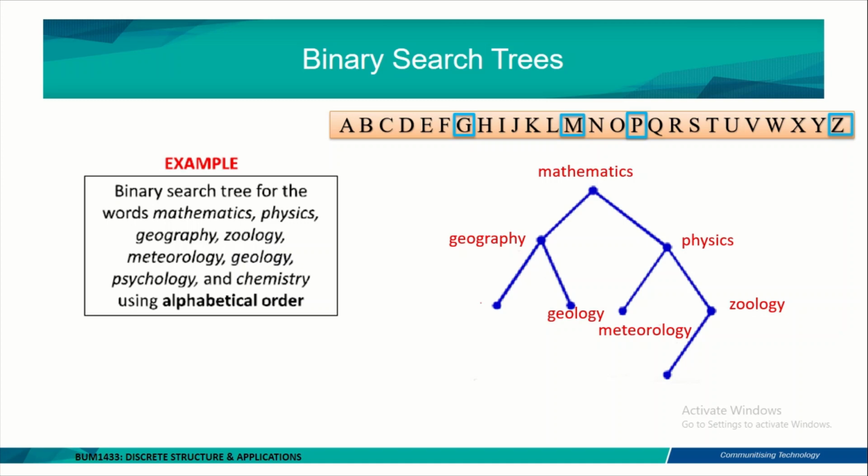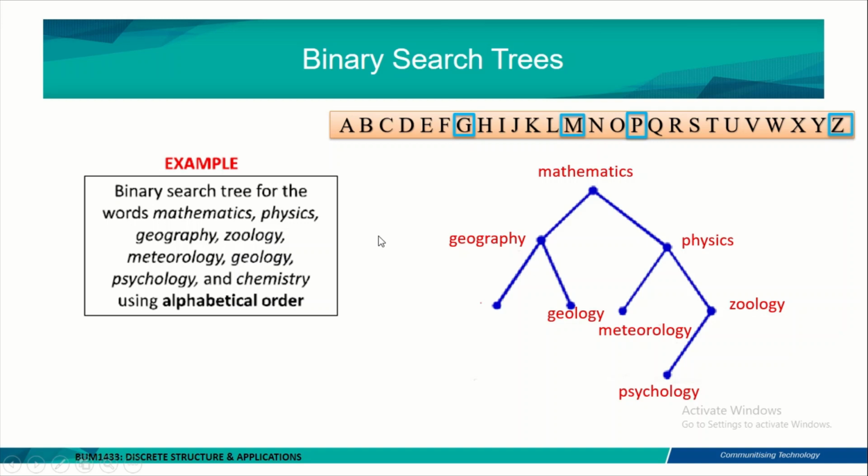For physiology, it starts with P, and we have the Z here, so P is before the Z, so we put it on the left side of the zoology. The last one is chemistry.